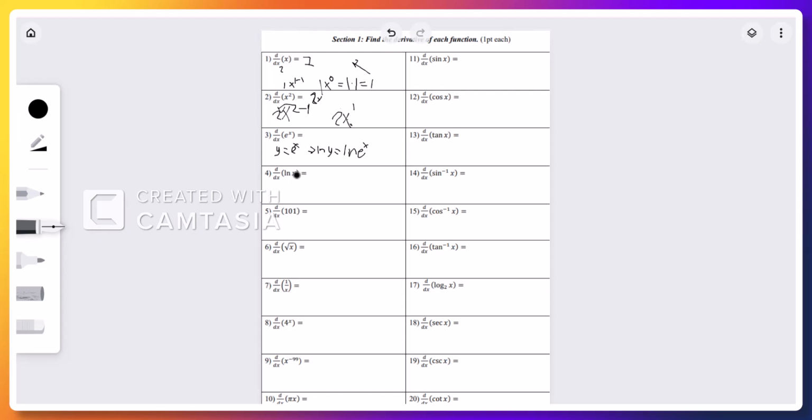Moving on, we're going to the natural log of x. The derivative of natural log of x is going to be 1 over x. This is the case because in the graph of natural log x, the slope is decreasing along the x-axis. So the derivative graph is going to go down like that. You can tell from the bottom that this is increasing at a very high rate.